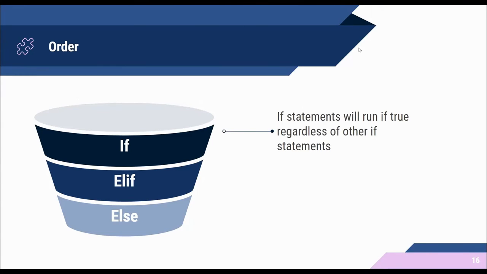So let's say I created a variable in my code called raining. And what raining would be equal to is a Boolean, which I explained a little bit earlier, and can either be true or false.